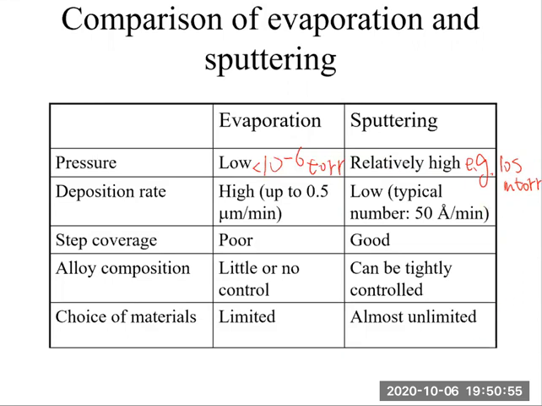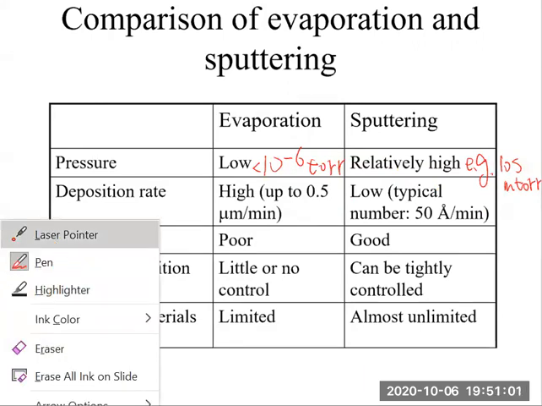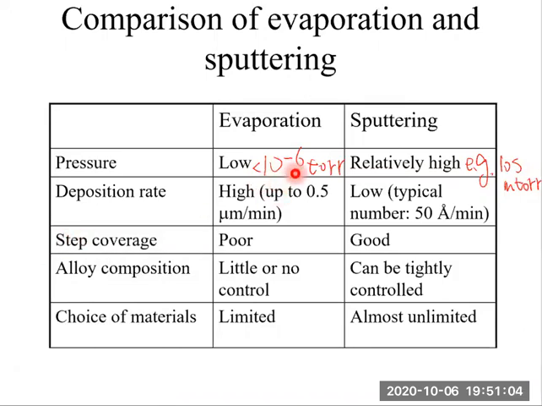Can we perform sputter deposition in very high vacuum, like for example, 10 to the power -6 torr? Can we do sputtering at a very high vacuum? Generally, no, right? Because we need a plasma to do sputtering.